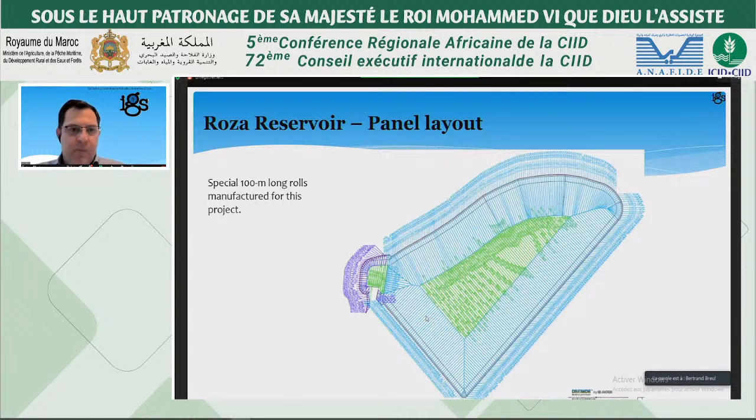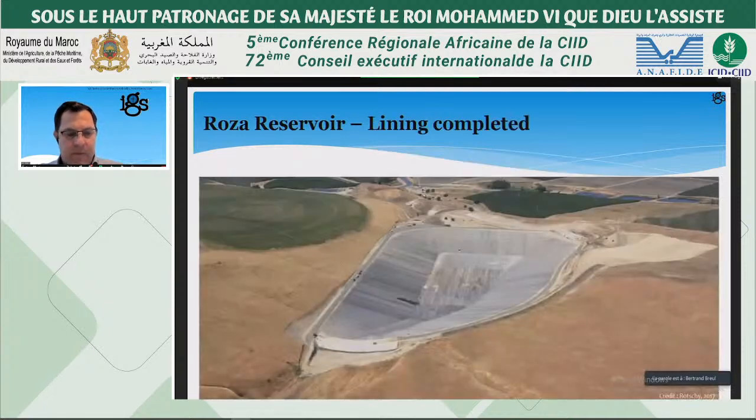The length of the slope were almost 100 meters, and doing seams, transversal seam on the slope is not allowed. We had to manufacture special length rolls to cover the slopes. So the reservoir has an average depth of 32 meters, and the water reaches the reservoir both by pumping and by gravity flow.